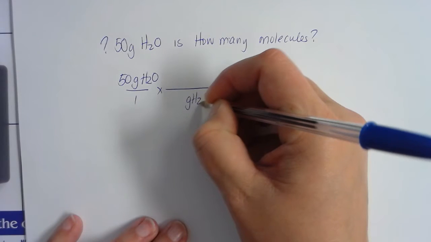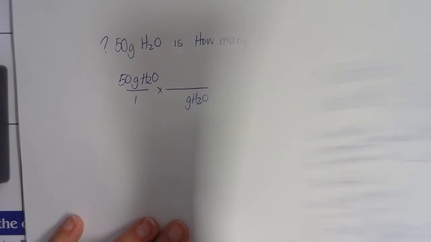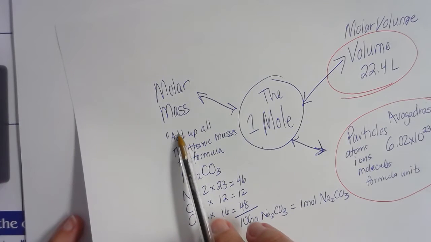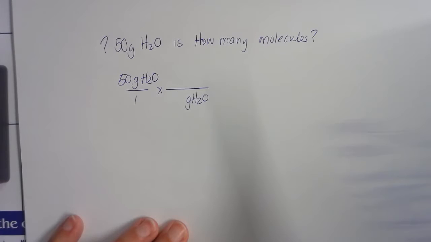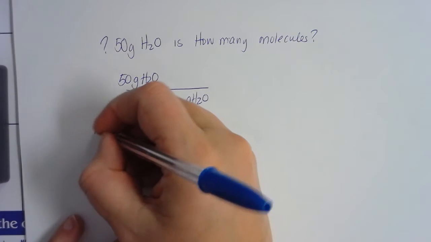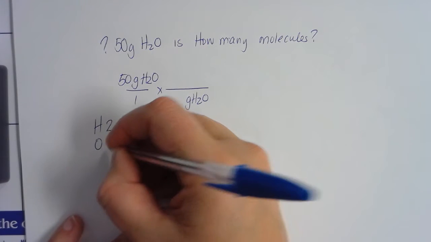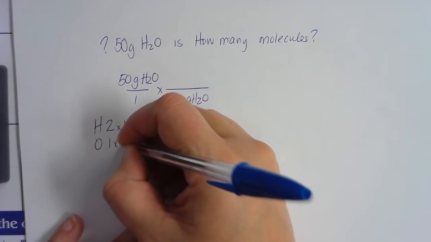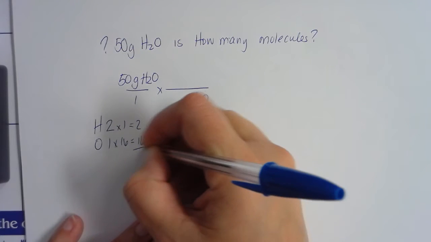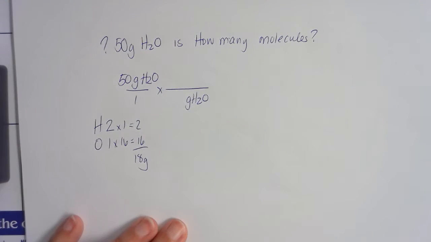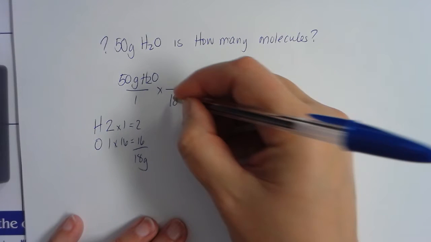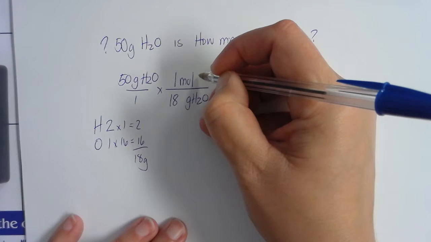We can find the number of grams of water equaling 1 mole by doing the molar mass. Can I do it real quick? You guys don't need a refresher, do you? Okay, so 2 H's, 1 O. That's 18 grams. All right, so it's 18 grams equals 1 mole of water.